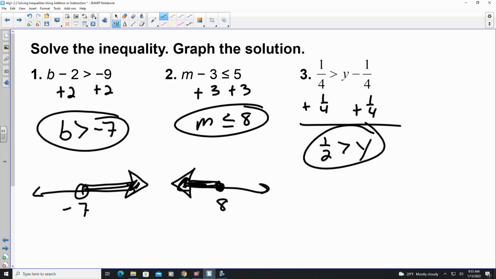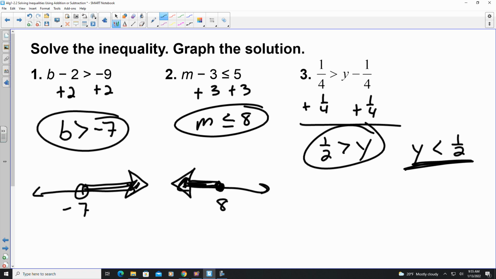So what I'm going to do in order to graph this is I'm just simply going to switch around the two sides. I'm putting y on the left, I'm putting 1/2 on the right. And since the inequality is aiming towards the 1/2, I'm going to do that as well over here.